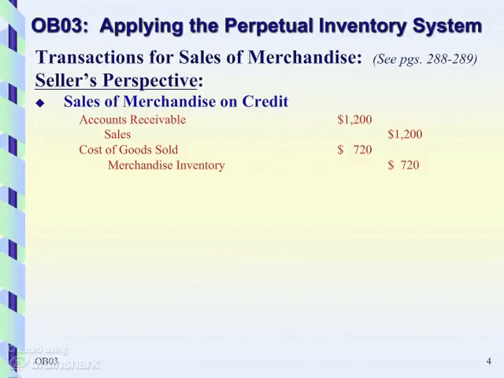When we purchased our merchandise inventory, we showed that purchase at $720 when we were the buyer. So we purchased it for $720, and now we're turning around and selling it for $1,200. The difference between the amount of our sale and the actual cost of our merchandise is what we call our gross profit margin. That's our markup on the item that we sold.